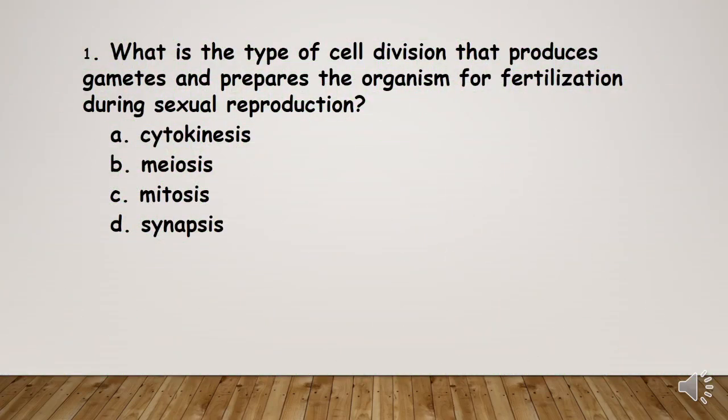What is the type of cell division that produces gametes and prepares the organism for fertilization during sexual reproduction? Letter A, cytokinesis. Letter B, meiosis. Letter C, mitosis. And letter D, synapsis. Okay, you have 5 seconds to answer.